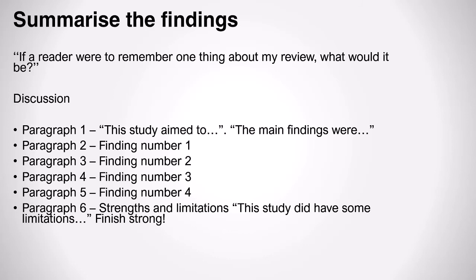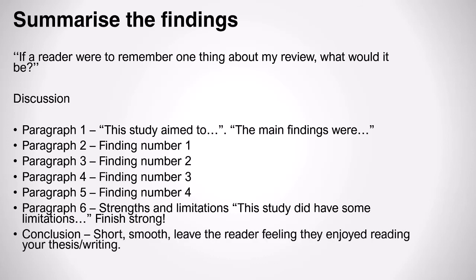And at this point, before you write the conclusion, I always advise students to go away, do something, detach, relax, because you've only got a few more sentences to write, and then come back with a fresh mind, and then write a short, smooth, nicely flowing conclusion.